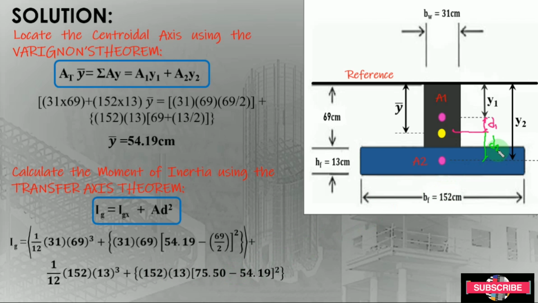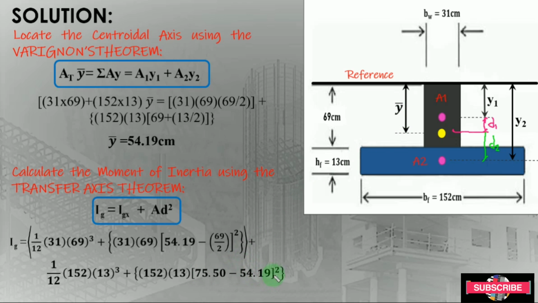This d2 is just the difference of y sub 2 minus this y bar. So how much is our y sub 2? This y sub 2 is just equal now to 69 plus half of this 13, so this is just 75.5, minus the y bar, which is 54.19.